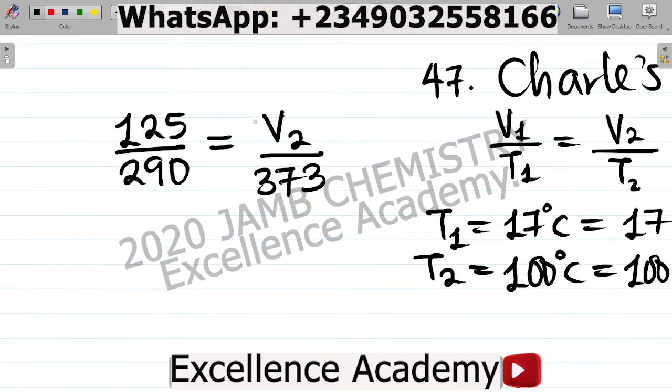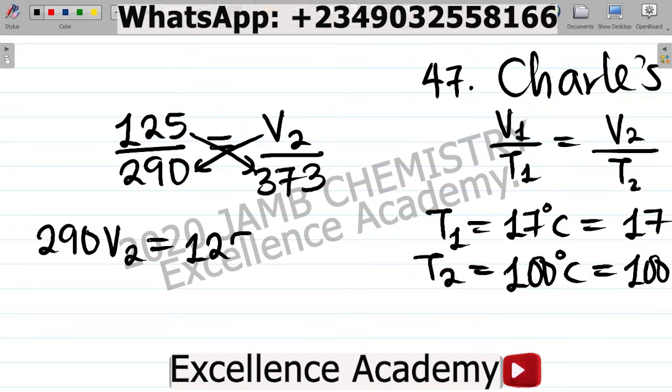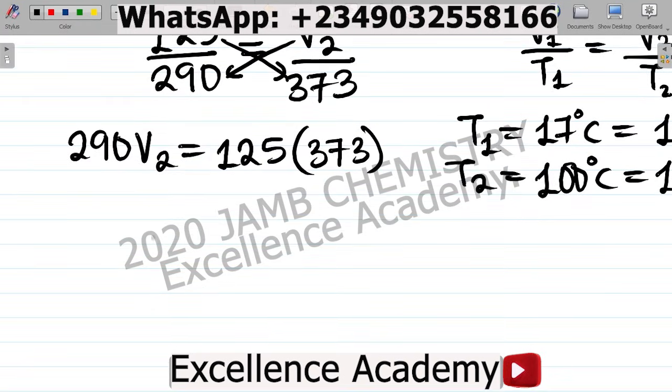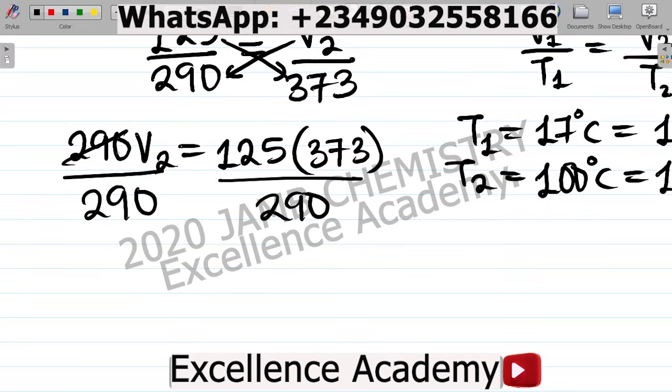Let's get V2. So cross multiply, this times this becomes 290 V2 is equal to this times this, which is 125 times 373. To get V2, I have to divide here by 290. Divide here by 290. This cancels this.